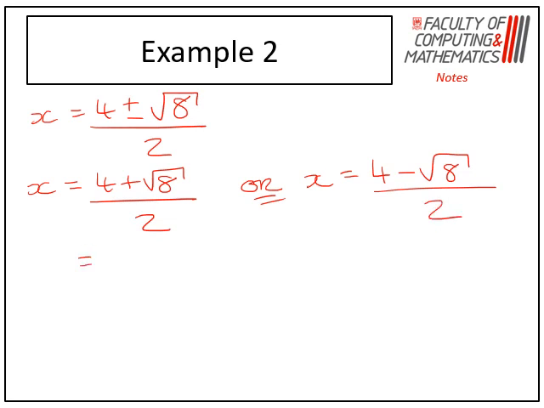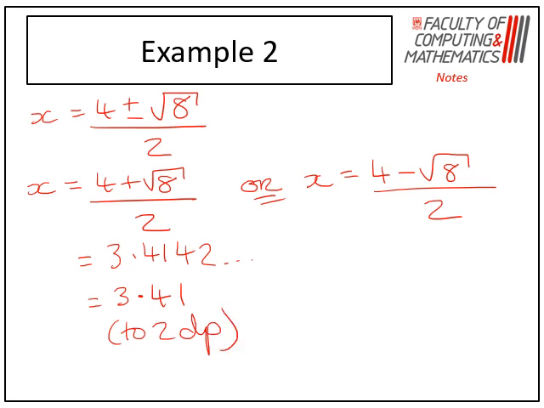Okay, all you're doing is popping that into your calculator. So we've got 4 plus the positive version of root 8 all over 2, and we've got 3.4142, etc. You were asked for 2 decimal places, so you're looking at 3.41 on that one. You're now going to do the same for the negative version of root 8.